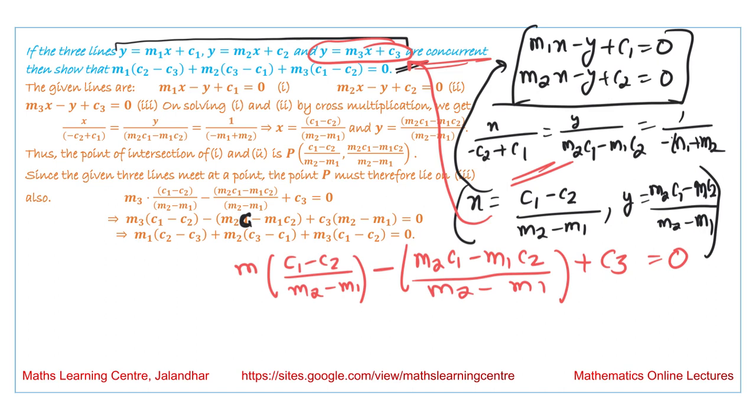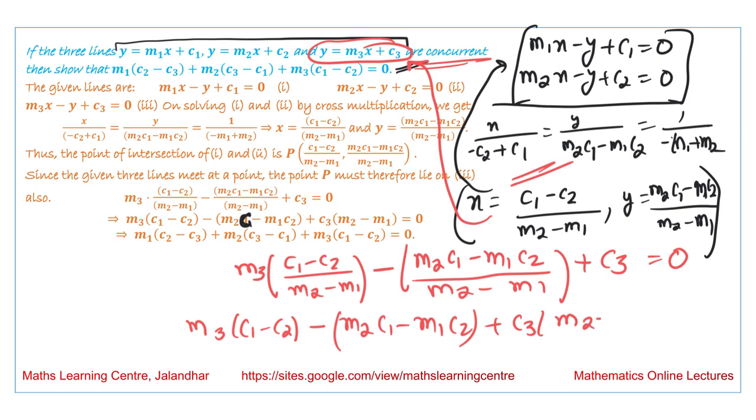So if we take the LCM over here and open all these terms, we obtain m3 into c1 minus c2 minus m2 c1 minus m1 c2, then plus c3 into m2 minus m1, that is equal to 0.